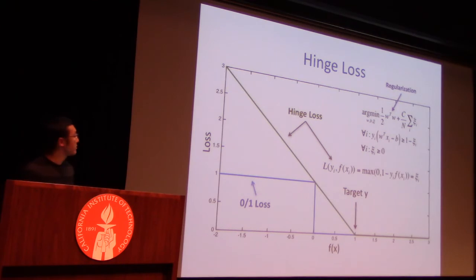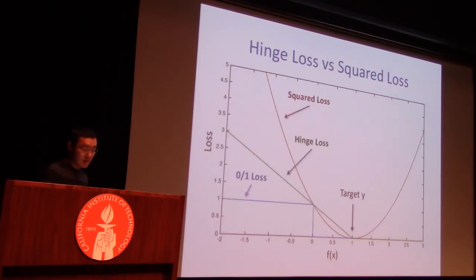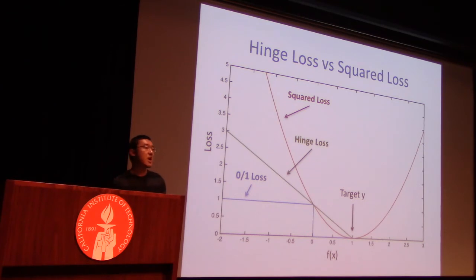Now, hinge loss can be viewed as another surrogate to 0-1 loss, an alternative to squared loss. If we want to minimize hinge loss rather than squared loss, it has a number of desirable properties.